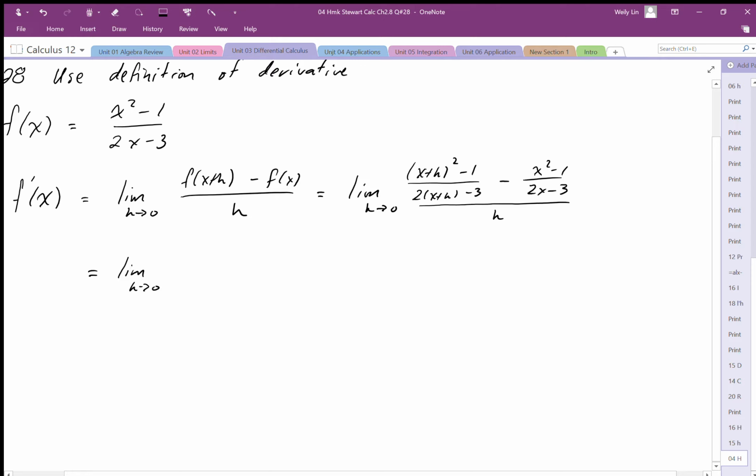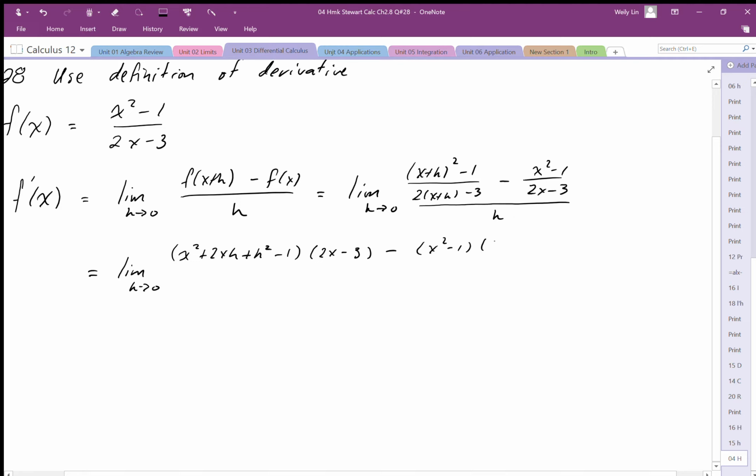I'm going to expand the numerator, so I'm going to get x squared plus 2xh plus h squared minus 1. And getting a common denominator, I'm just going to multiply that by 2x minus 3, minus, this is going to be x squared minus 1, and I'm going to multiply by the denominator here.